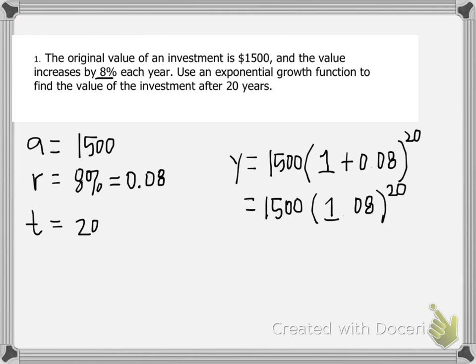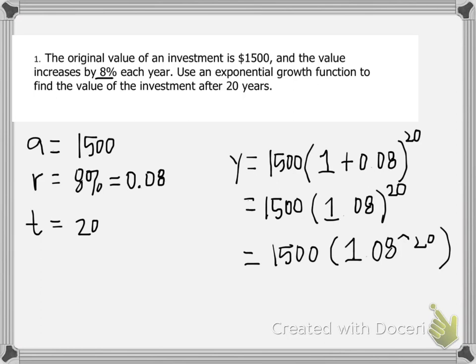Order of operations, remember, tell us that we are going to say 1.08 raised to the 20th. And there is this little symbol on the calculator, okay, that you can put in there. So you can put in 1.08, and it's a little caret top, and then you can put in your 20.